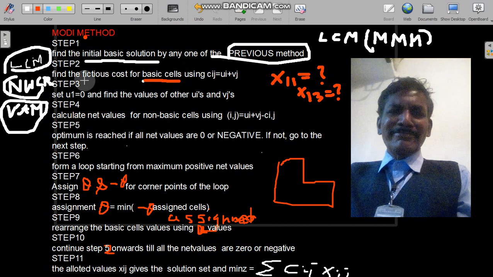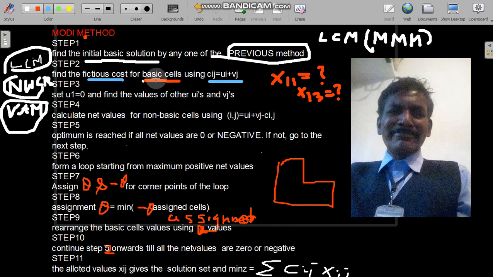We have to find the fixed cost for basic cells using this formula: Cij equals ui plus vj. Keep this in mind for the time being. Afterwards we'll take the problem and you will understand everything. It is very important for basic cells.